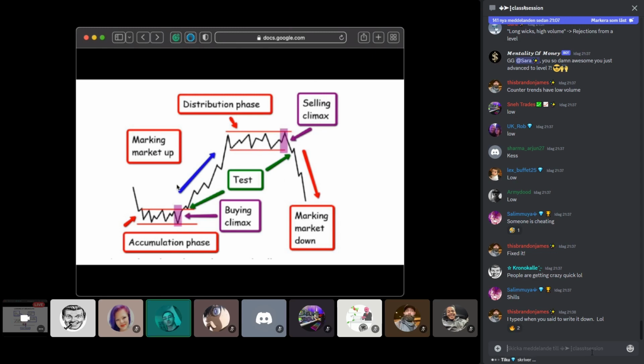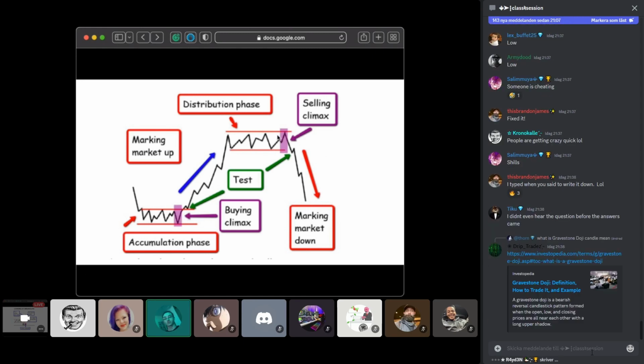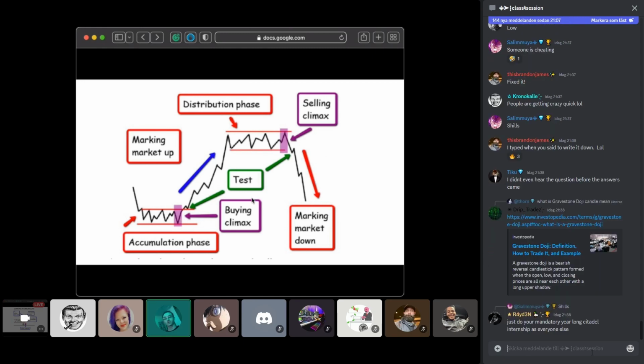This is a really zoomed out picture. We have this supply zone on top, demand zone on bottom. We have all these pivot highs, pivot lows. We're looking at the retest here, these low volume pullbacks, these trends. We see the buying climax here, selling climax here, and this is what we're getting at. This is essentially how your market is going to look on an ideal day.